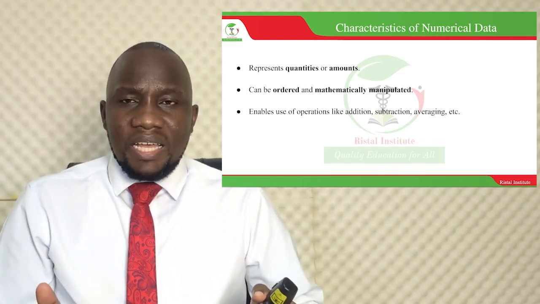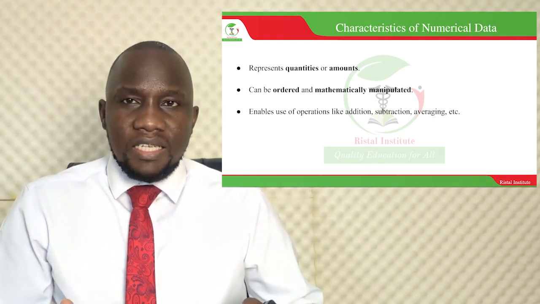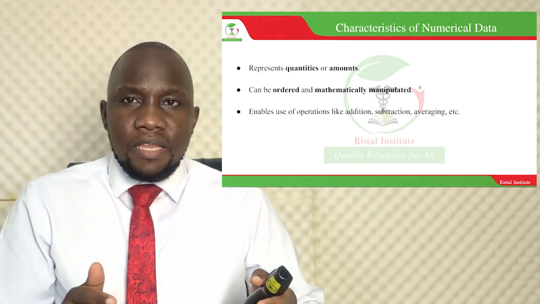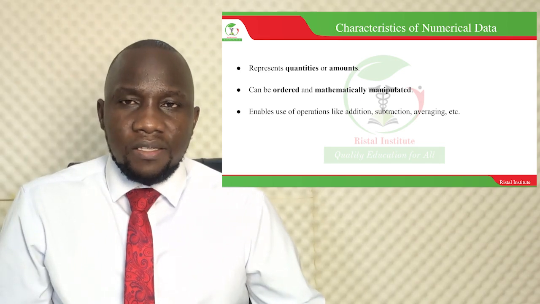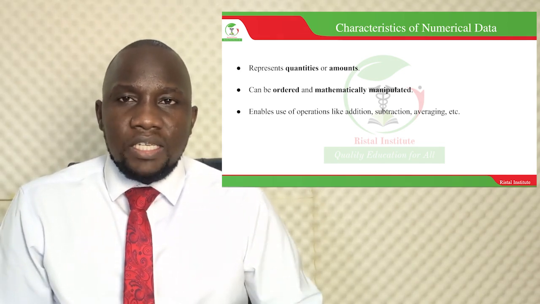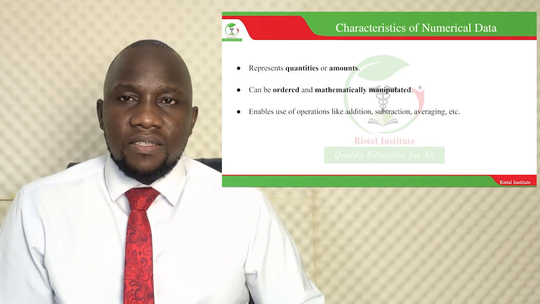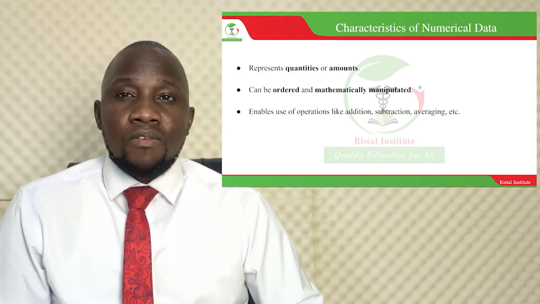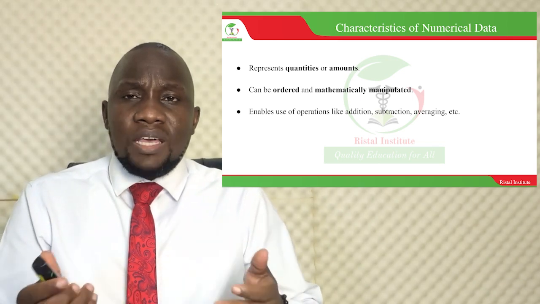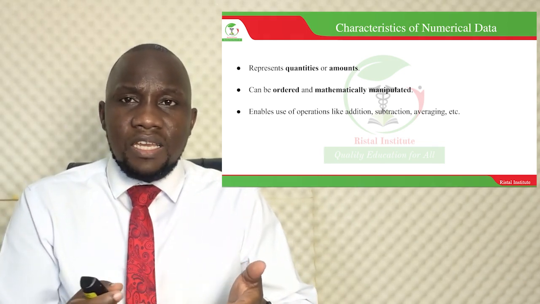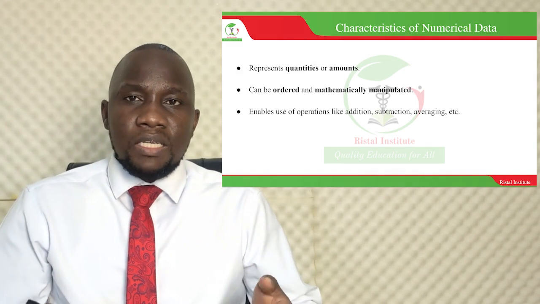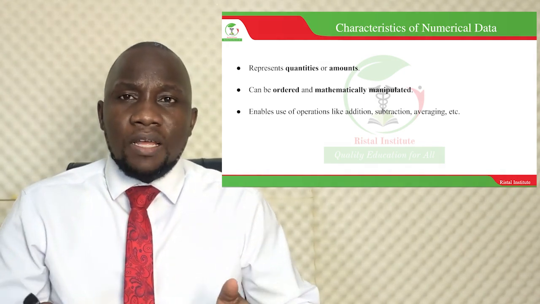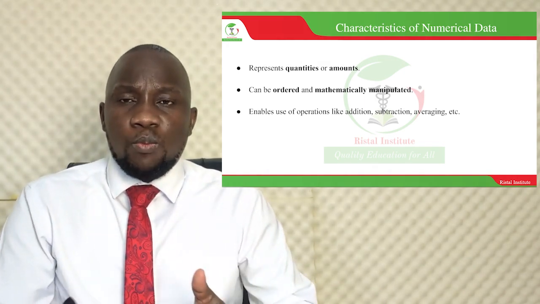We can say that in a class of 4 students, one student is 2 years, another is 3 years, another is 5, and the other one is 7. We can arrange these numbers in a particular order, and we can also decide to group them.